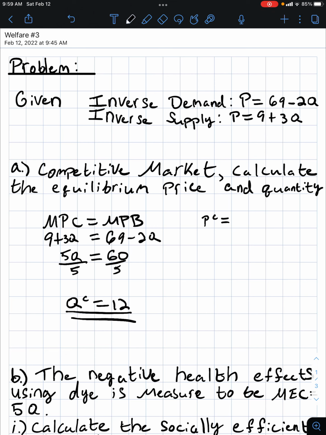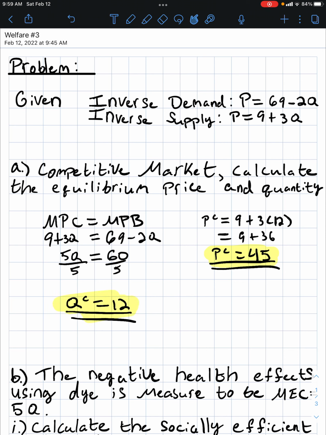I'm going to plug it into our marginal private cost. So we're going to get 9 plus 3 times 12, which is equal to 9 plus 36, and our PC is going to be equal to 45. So in a competitive market, our equilibrium price is 45 and our equilibrium quantity is 12.